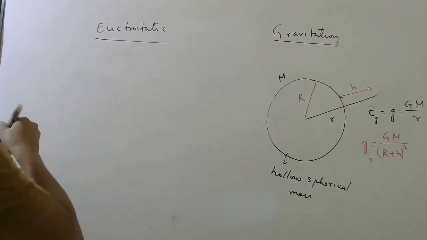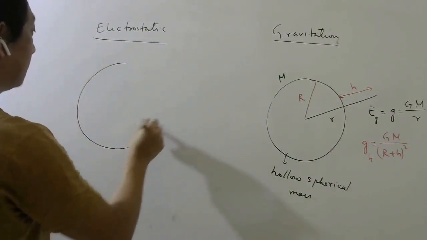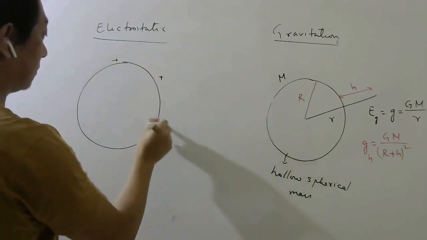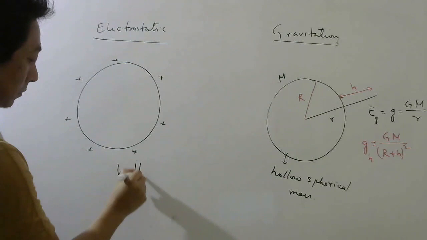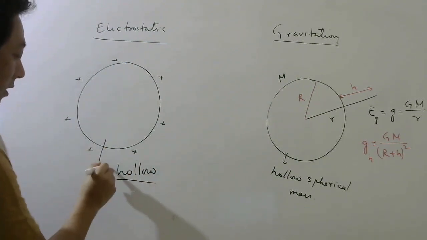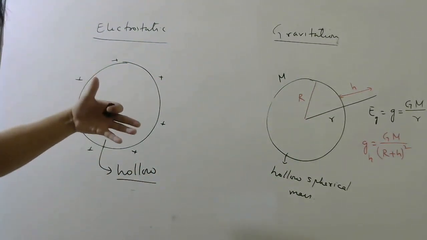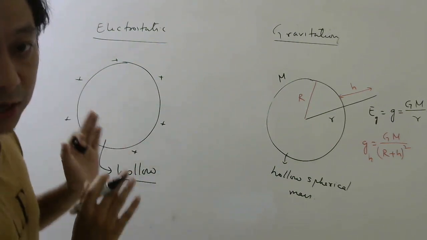Then if you have a spherical charge, a hollow sphere, again hollow, mention that very clearly, or if it is a conductor, then also the formulas will work.